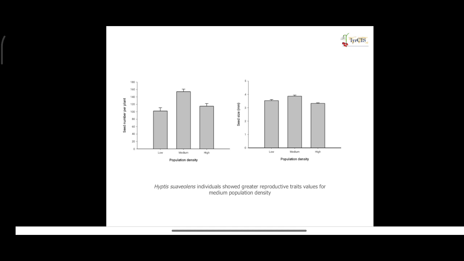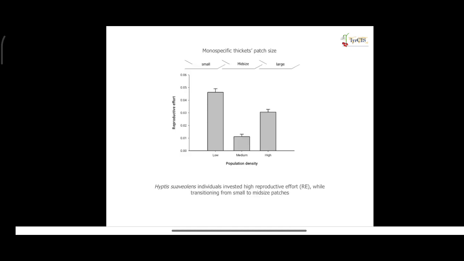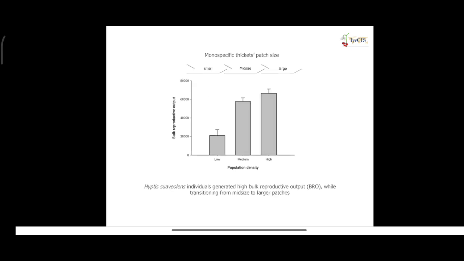This implies that during the transition of monospecies stands from small to medium to large, Parthenium invests high reproductive effort to overcome the negative impact of early effect during the early stages of the invasion process when the density is low, and also it produces high bulk reproductive output while transitioning from mid-sized to large sized stands.